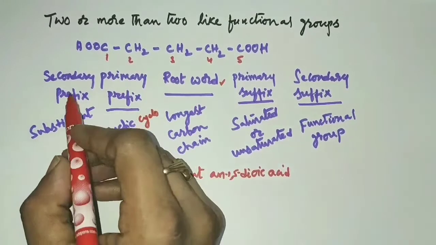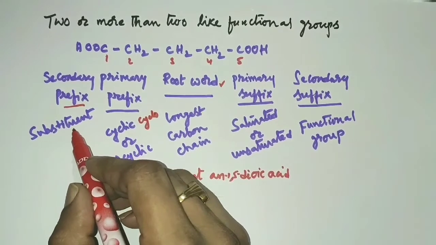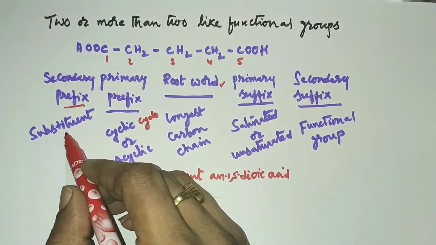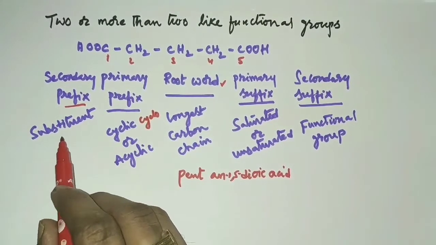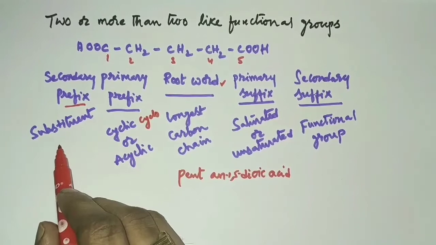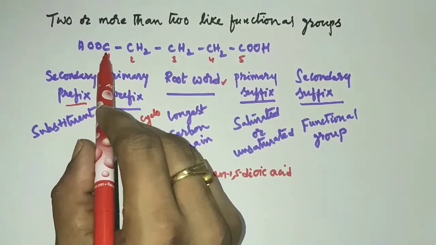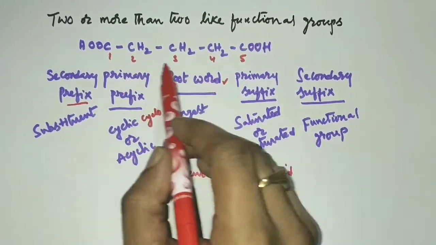And come to secondary prefix. If any substituent is present or functional group which has less priority is present in the compound, then we will give the name of that substituent as secondary prefix in the IUPAC name. But in this compound, except this COOH group, no other functional groups are present and no other substituents are present.